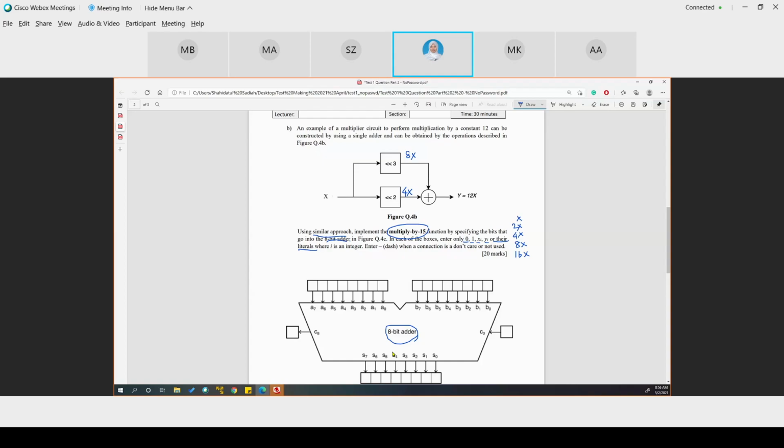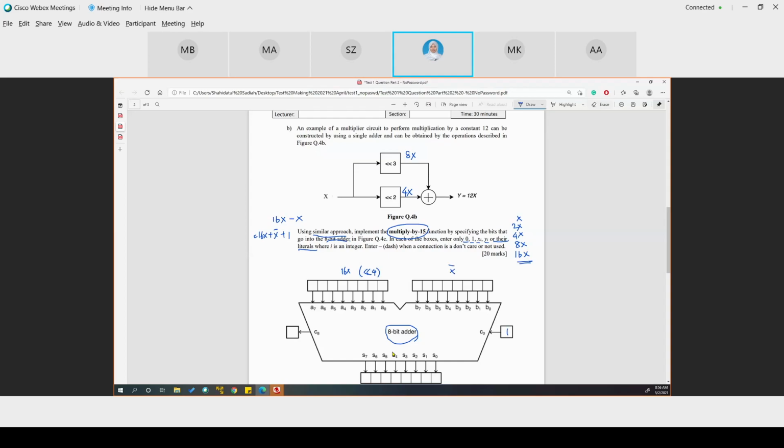That is the maximum, 16x, and we want to find 15. So what we can do is 16x minus x, which is equal to 16x plus x bar plus 1. So implement this. So this is 16x, I meant to say shift 4 times. And this is x bar.